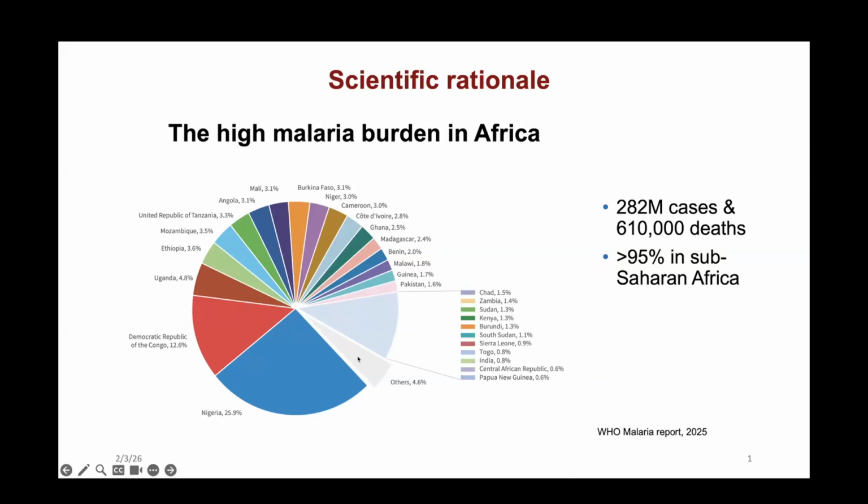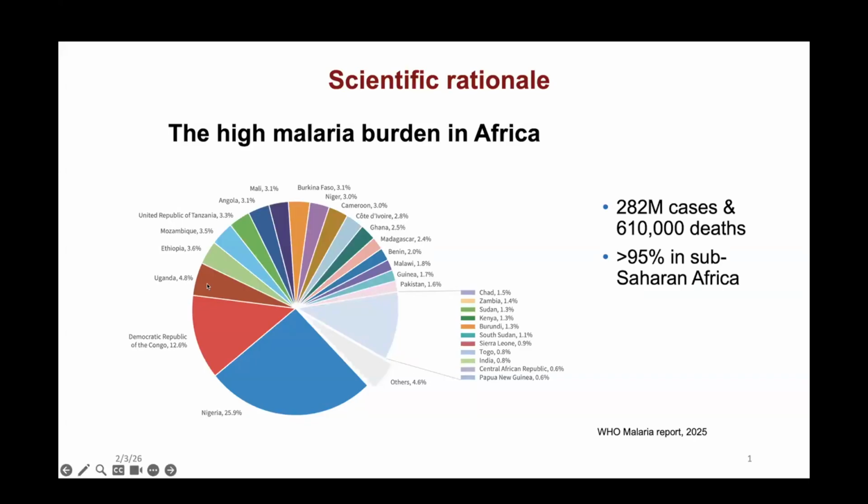When you look at this pie chart, the burden is not uniform. Some countries have lots of malaria, while others do not. But generally, it's a problem mostly faced in Africa.